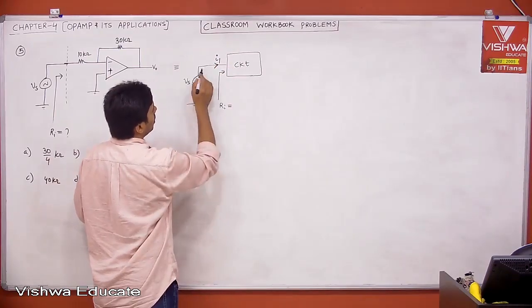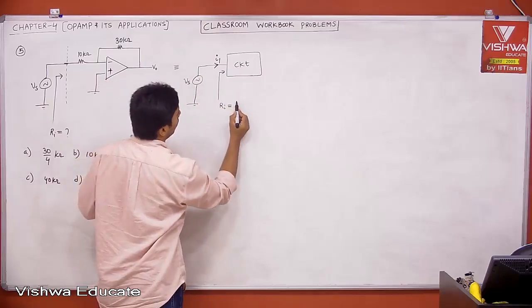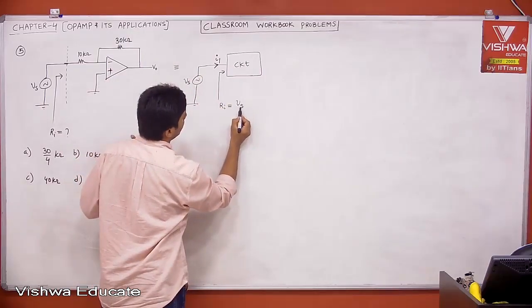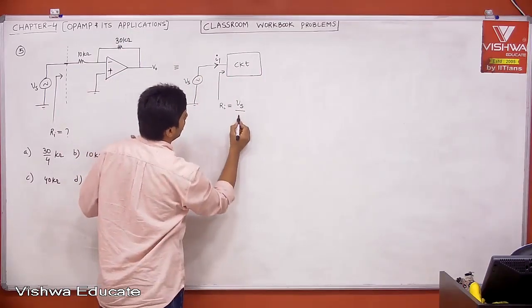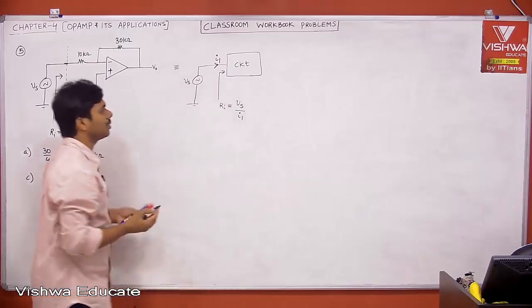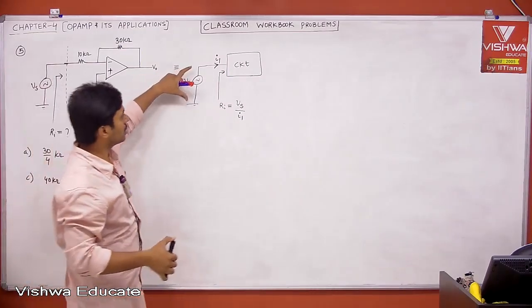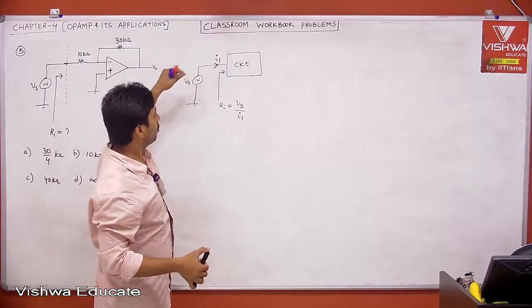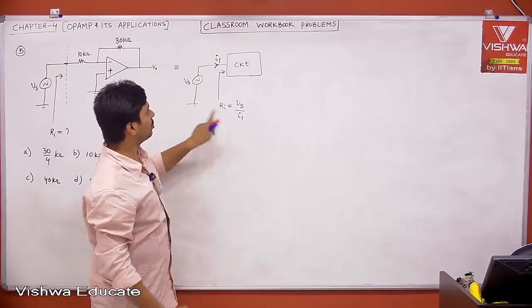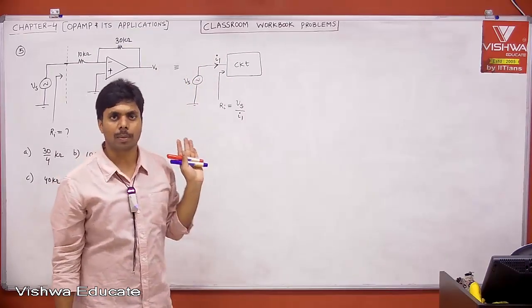Therefore, Ri is nothing but Vs divided by current I1. This is nothing but your input impedance. When you apply the voltage, you get some current, and voltage by current is your input impedance. That is the definition.